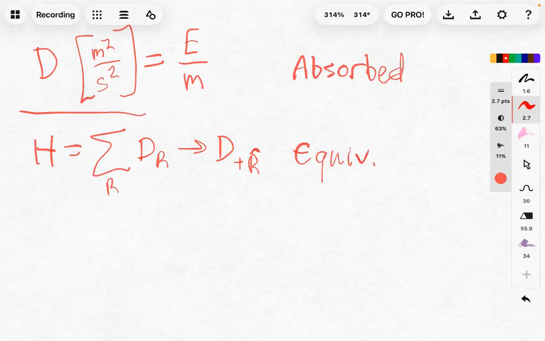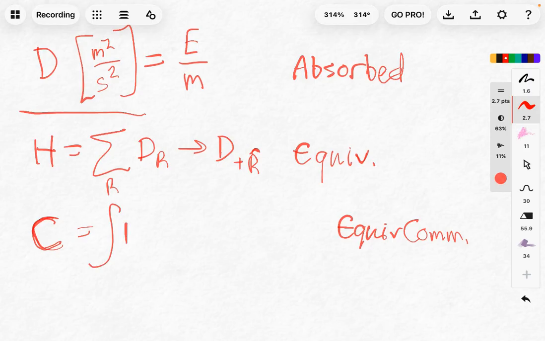Then we can look at the equivalent committed dose, which I think is symbolized by C. Sadly, I didn't see an actual letter when I did my research, at least I don't remember seeing one, so I just assumed it to be C. But the committed dose is the integral of the dose of a certain kind of radiation per time.